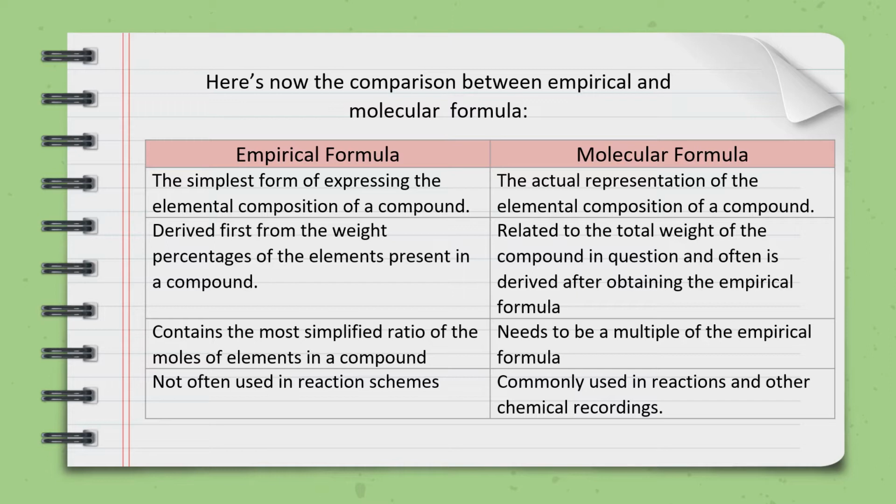The empirical formula contains the most simplified ratio of the moles of elements in a compound, while molecular formula needs to be a multiple of the empirical formula. The empirical formula is not often used in reaction schemes, while molecular formula is commonly used in reactions and other chemical recordings.